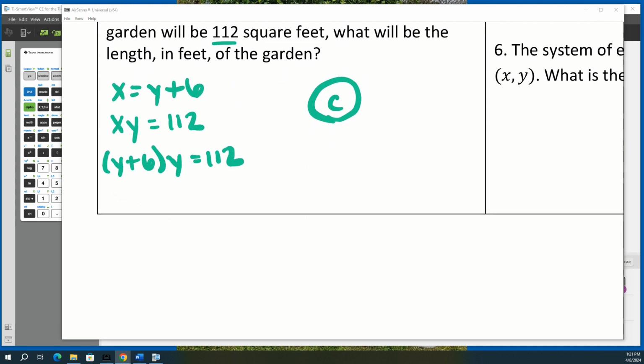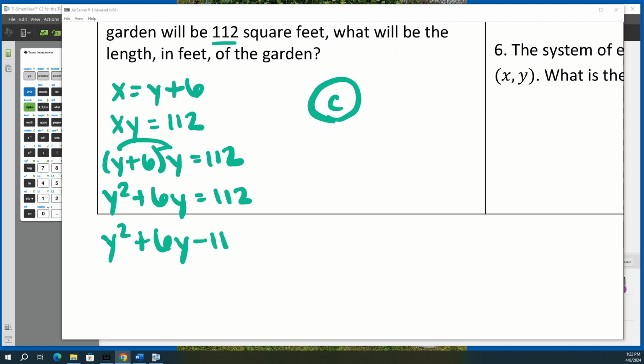All right, this is another one. In the end, we are going to practice factoring again. So if we are going to solve this by factoring, I want to get everything on one side and 0 on the other side.